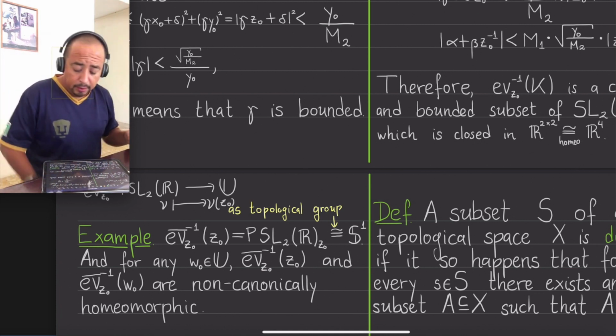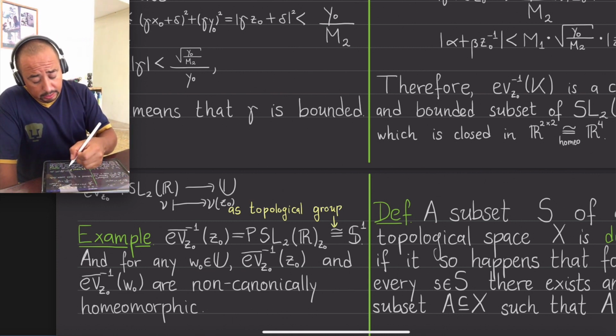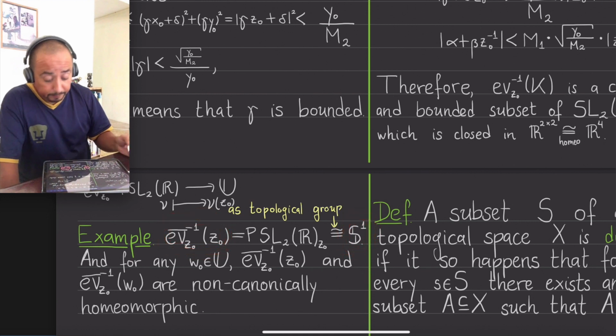So we know how a certain inverse image looks like, which is just a circle, compact.